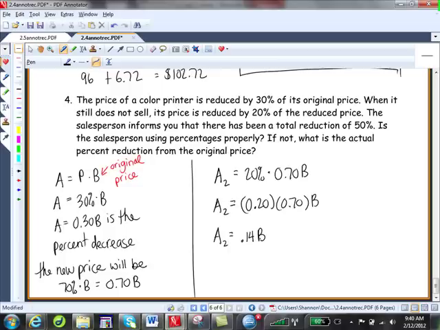So if you think about that, the adjusted discount, instead of being a full 20% of the original, is 14% of the original. So this is what we found. 30% plus 14% is equal to 44%.